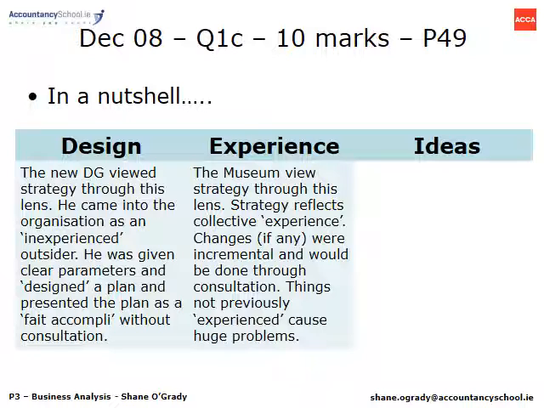There'd been an accumulation of corporate knowledge within that organization, and that's the way they looked at strategy. So again, it's almost a case of, we've been doing this very well for decades. Why would we need to make radical changes now? Well, that ignores the fact that there have been absolutely massive radical changes in the macro environment in the form of the government slashing their funding of the museum.